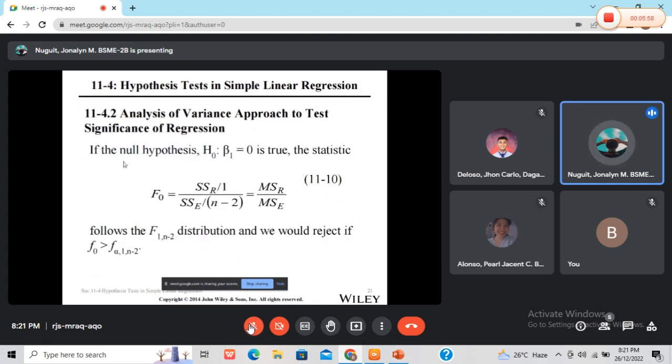So if the null hypothesis H sub 0, which is beta sub 1 equals 0, is true, then the statistic will be this.